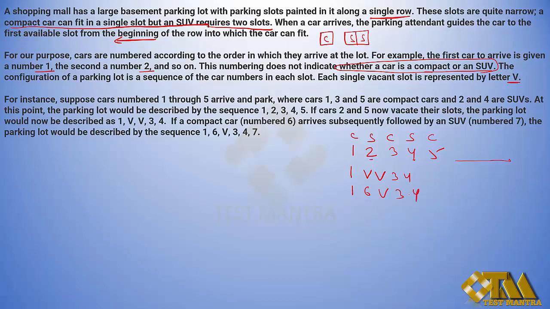After that an SUV is coming. Now for the SUV, I have a vacant slot here, but I need 2 vacant slots, which is not available in this part. So it will be nothing but 1, 6, V, 3, 4, 7, right?